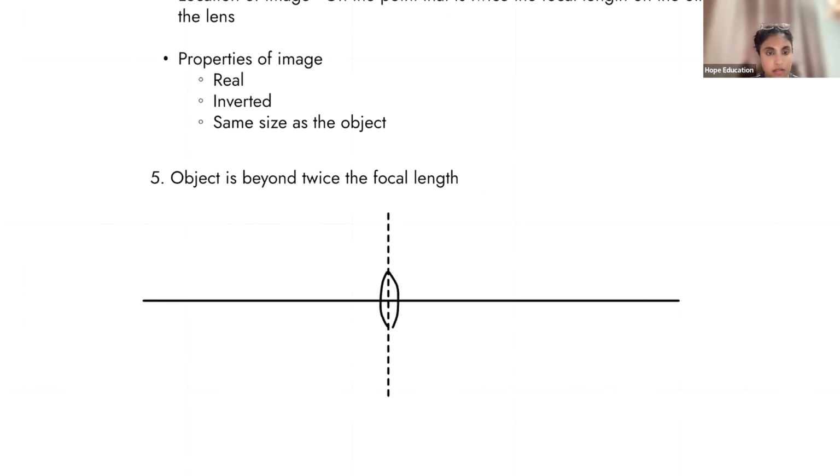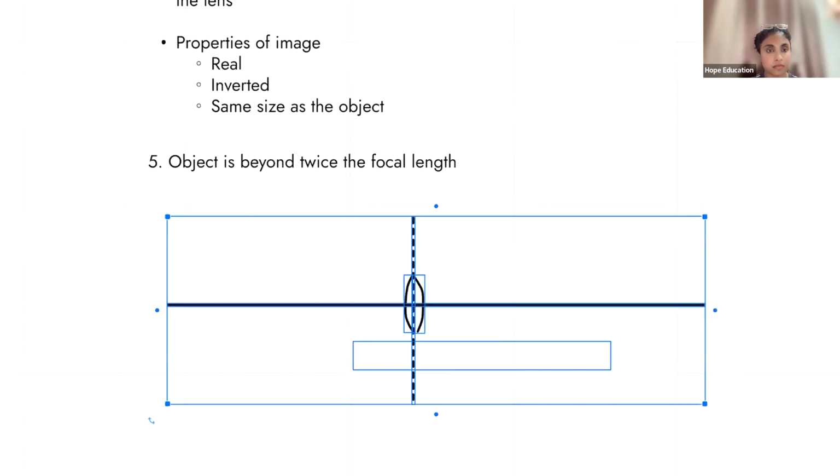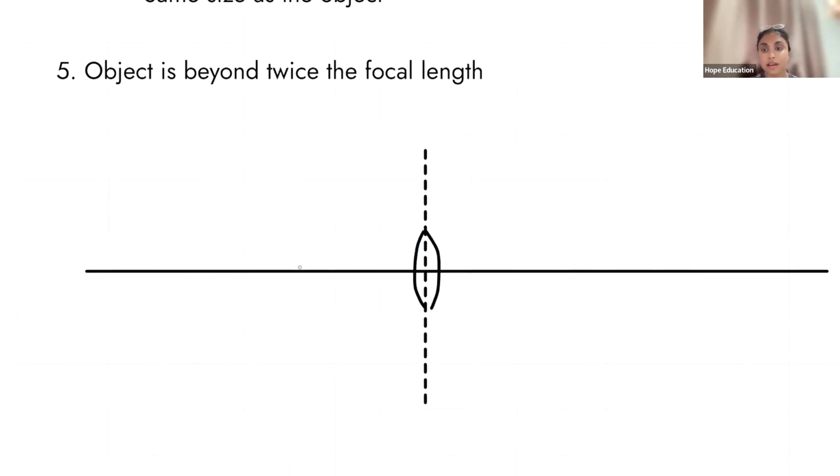Let's place this nicely. Okay. So F is here. F is here. F dash is here. And F dash is here.